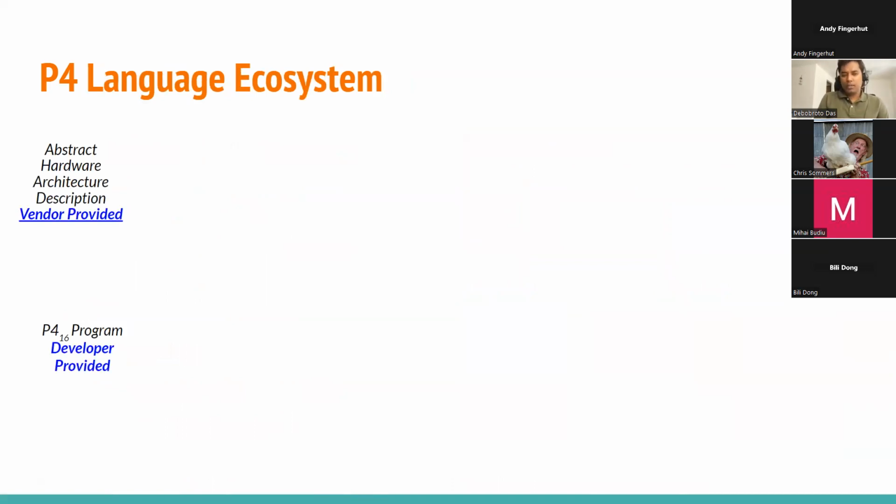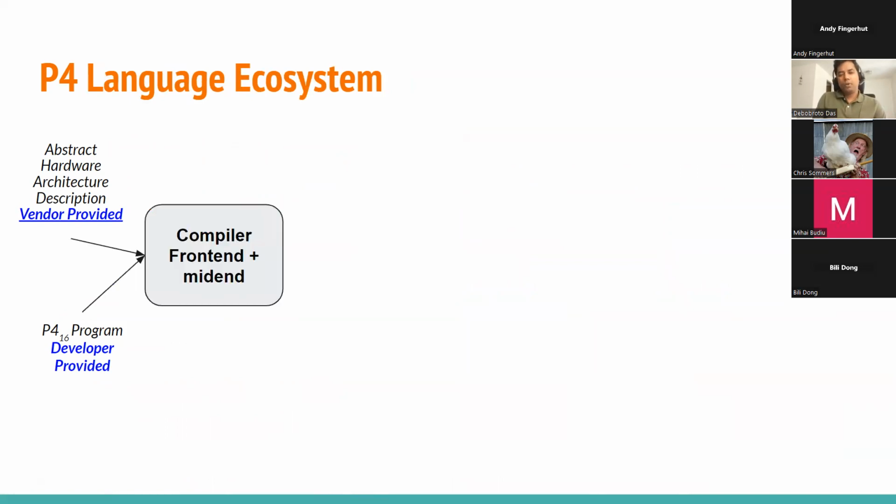So if we look into the P4 language ecosystem, from a P4 developer's perspective, they start developing a P4 program. This P4 program is based on some specific hardware architecture. Say, for example, someone is writing a P4 program for V1Model or maybe Tofino 1 or Tofino 2.